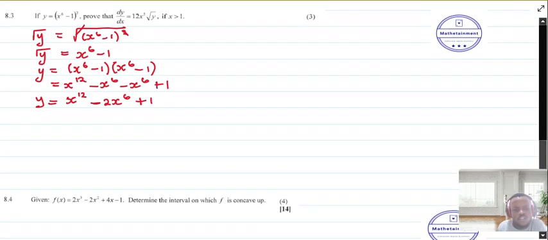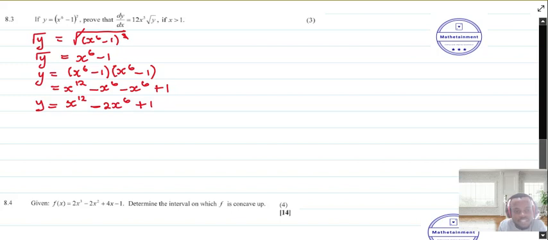Okay, so now you want to differentiate this. You want to find dy over dx, which is, you take the exponent multiplying the coefficient of x, which is 1.